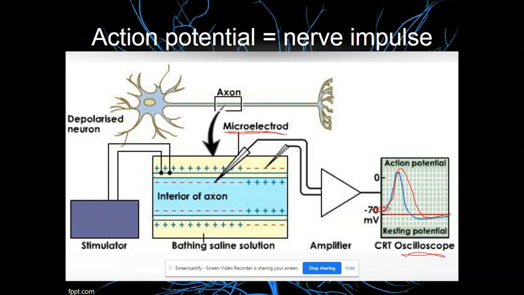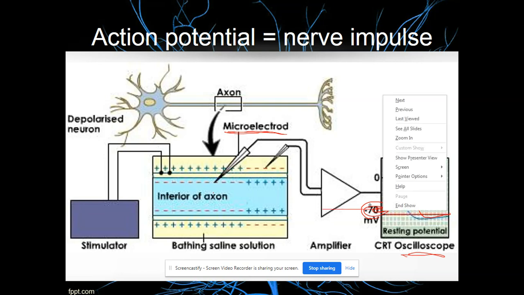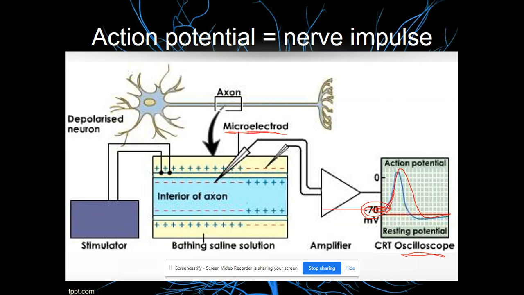So we're starting at that negative 70 millivolts, that resting potential. The stimulus occurs and it causes depolarization. The cell gets more positive because all the sodium is going in. And then repolarization occurs. All the potassium is getting out and the cell goes back to a negative place.